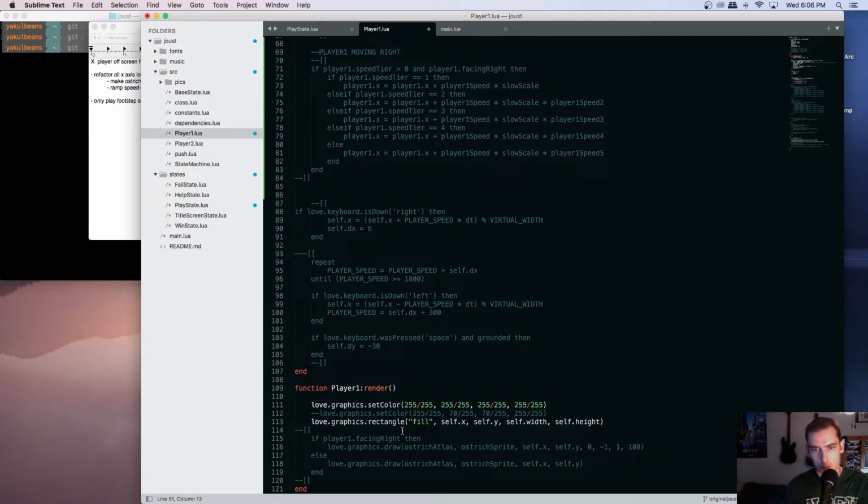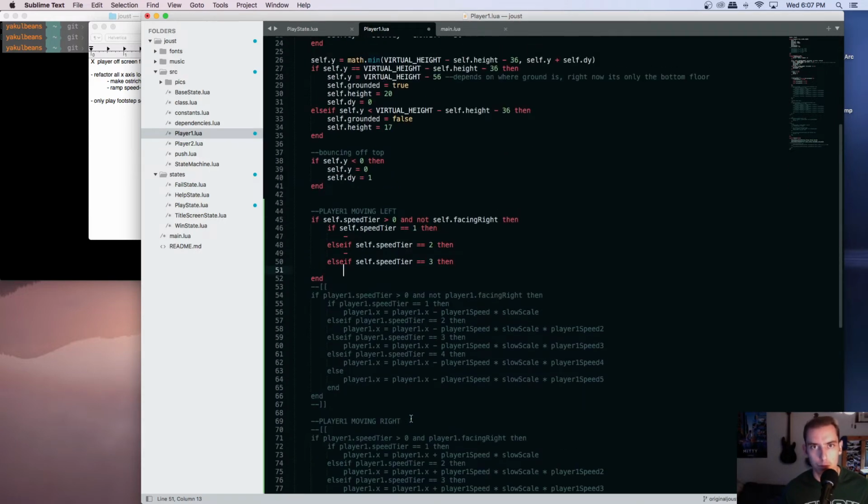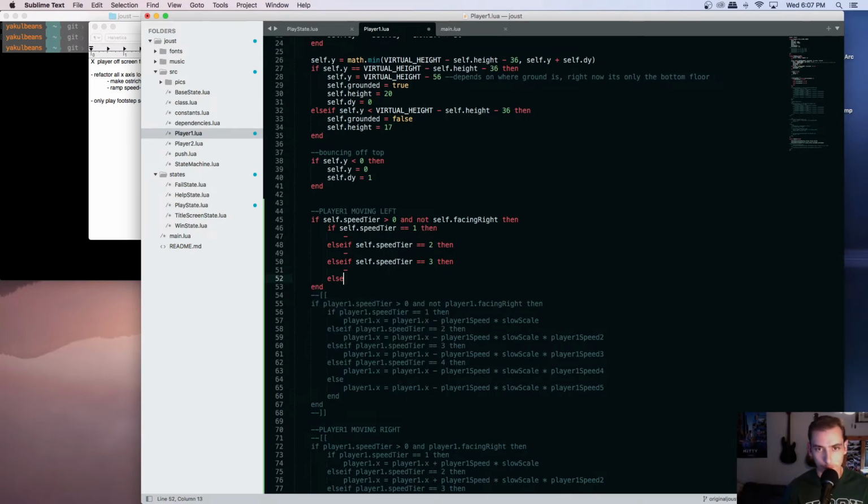Right now it's just drawing a rectangle at its x and its y and its width and its height. Okay. So yeah, we might be able to do this fairly easily.